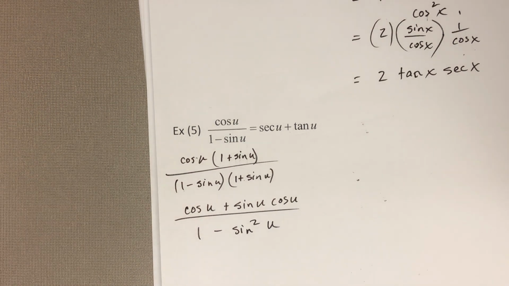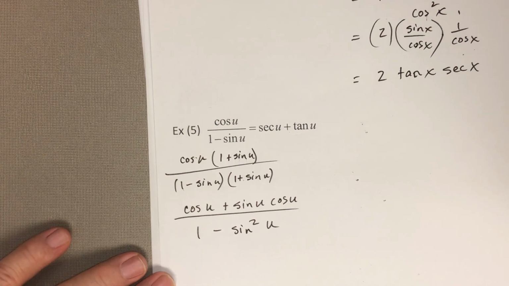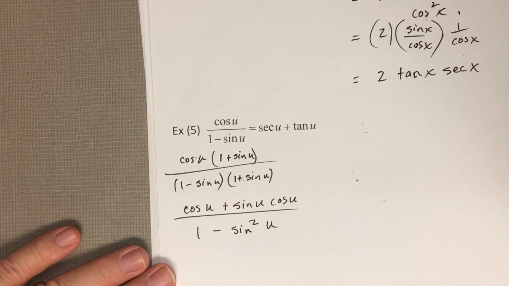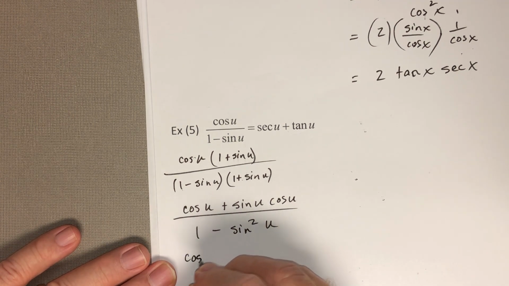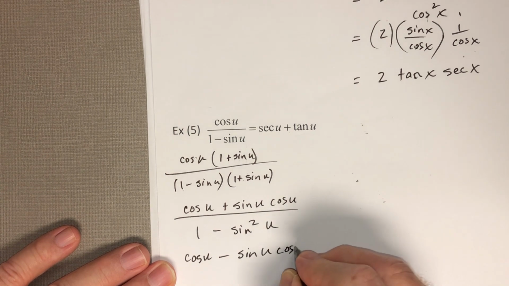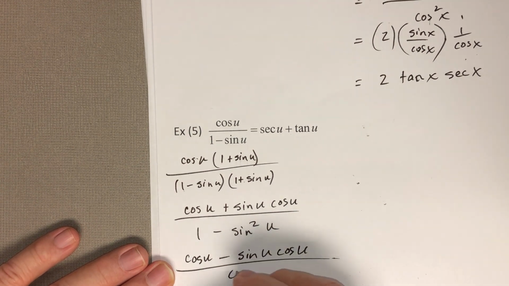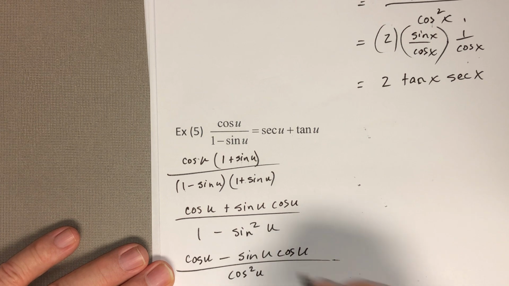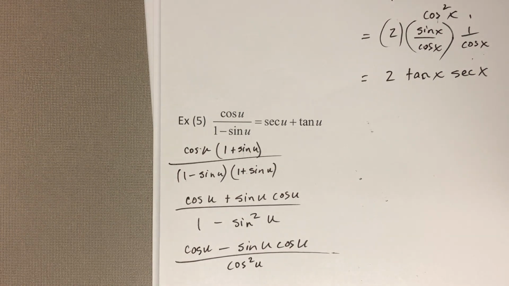All right. Now, I know that 1 minus the sine squared of u is the cosine squared of u. So I'm going to immediately replace that denominator with the cosine squared of u. So the cosine of u minus the sine of u times the cosine of u, all divided by the cosine squared of u. All right.